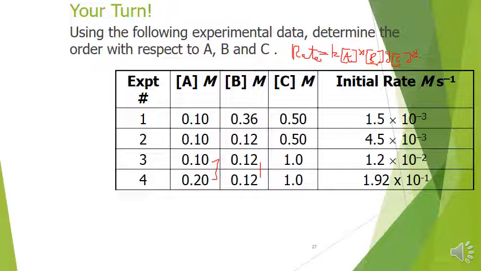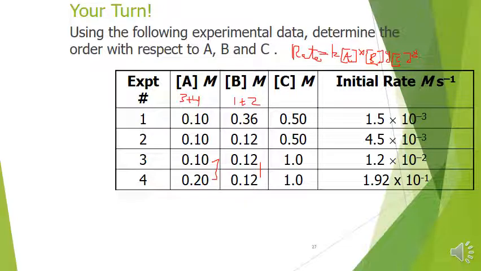So we're going to use 3 and 4 to figure out A. For B, the only one we know for sure is experiment 1, but which one of the other three are we going to use? If we use 2, you're holding A constant and C constant, changing B, so we'll be using 1 and 2.